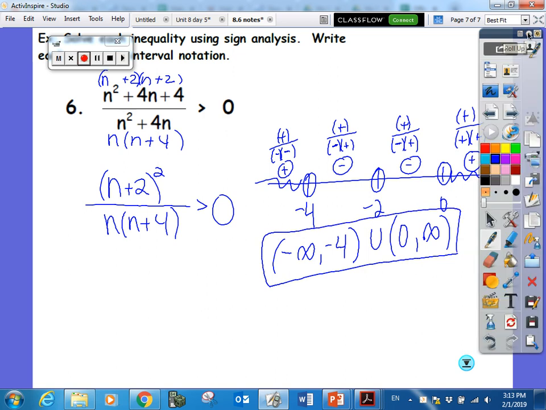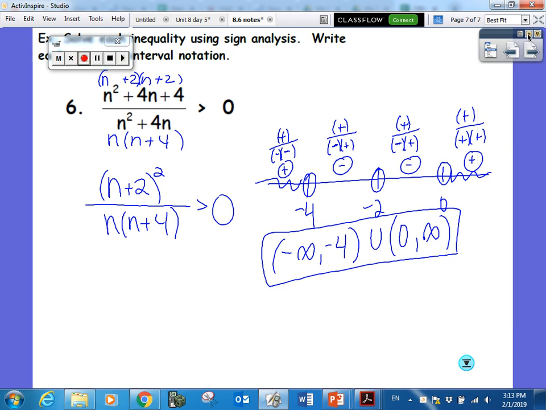Now, kind of a little side note on this one. If this had been less than, we would have wanted this section and this section, but notice that -2 is not part of it. So if it had been less than, we would have to be sure and not include that -2.